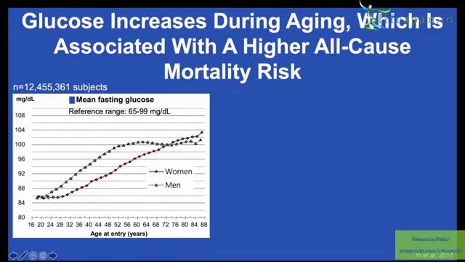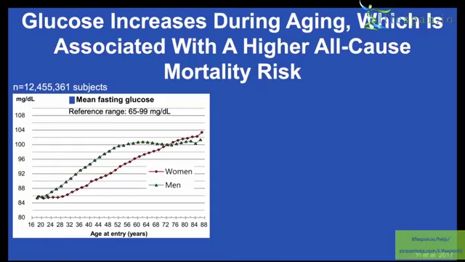Men's glucose levels increase to about 60, where they somewhat plateau, with a further additional increase towards later life in the 80s. Whereas for women, the increase is more linear from around 28 or so all the way up to the oldest age here. So we can see that lower is better, especially when considering that it increases during aging.